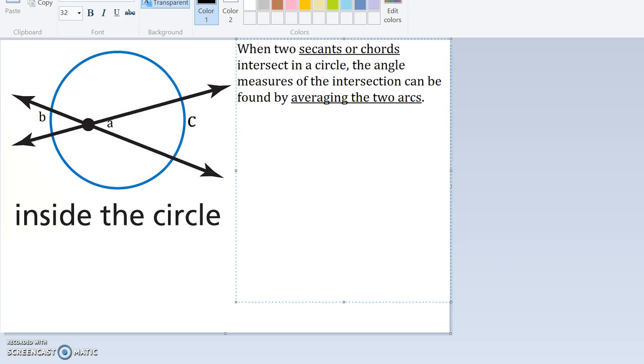So another way we can write this out is that angle A is going to be equal to arc B plus arc C, all divided by 2. That angle is the two arcs added together and divided by 2.